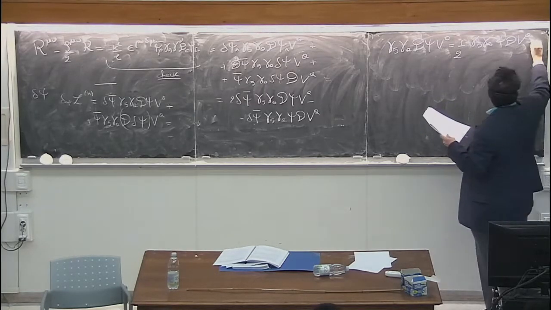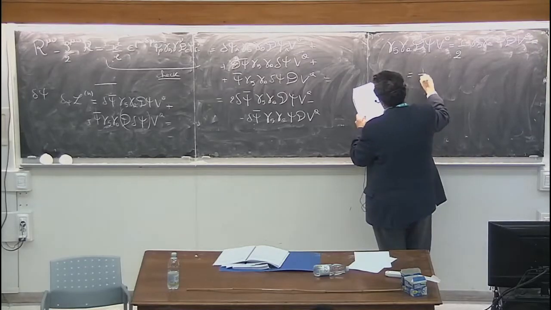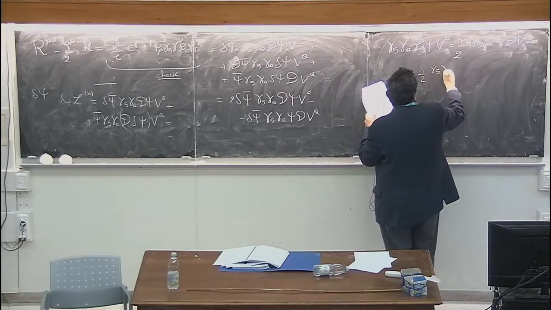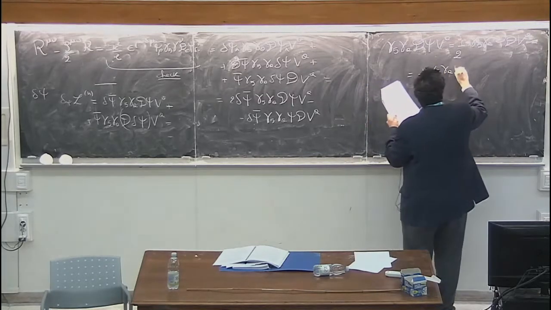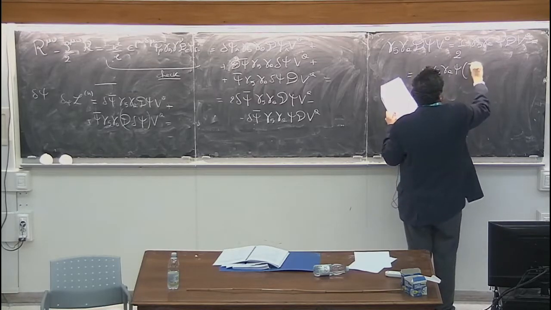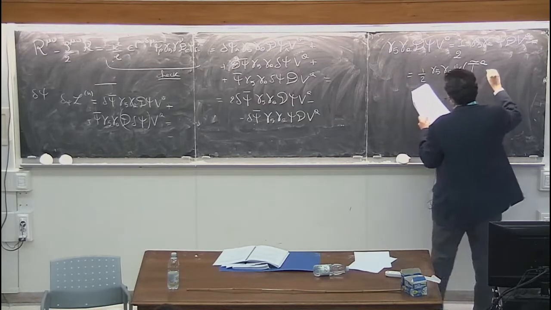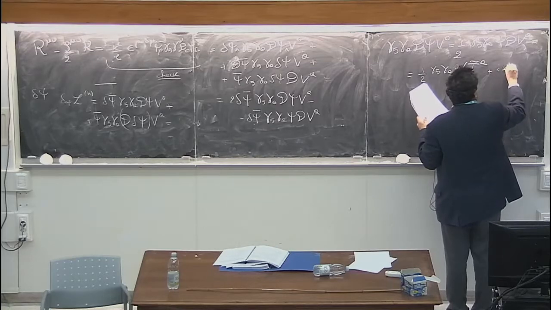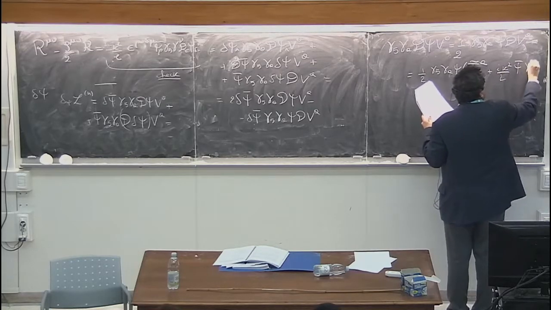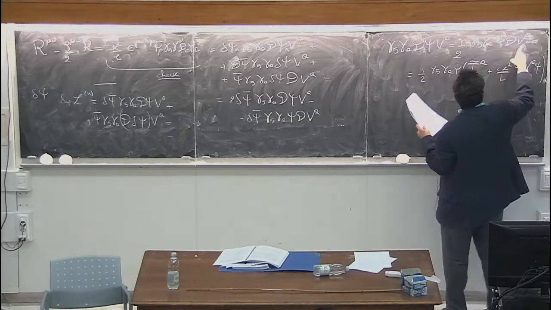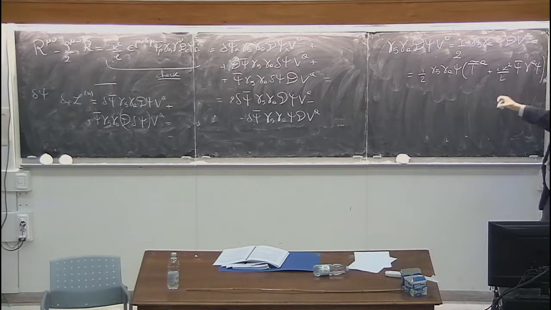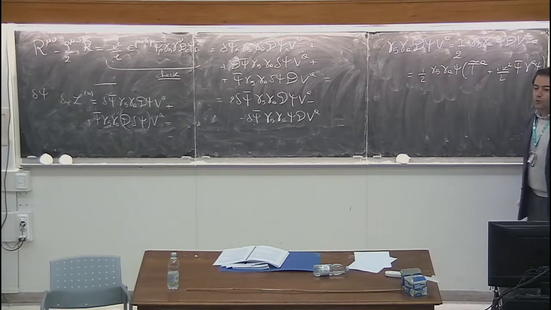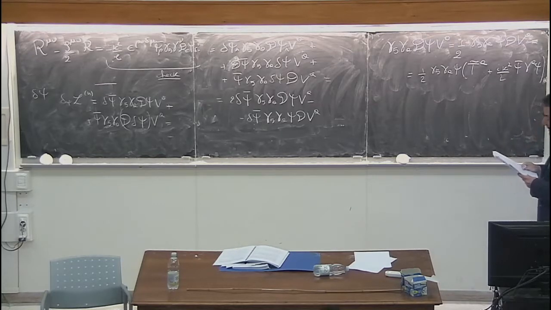This I write as 1/2 gamma 5 gamma a psi times t tilde a plus i kappa squared divided by 2 psi bar gamma a psi. I just rewrote the torsion, the true torsion, as the super torsion plus this bilinear term in psi.